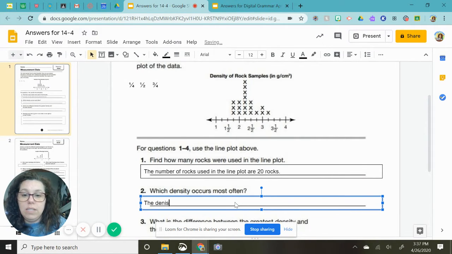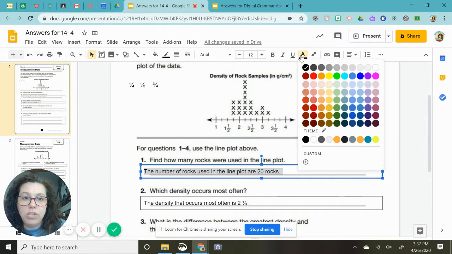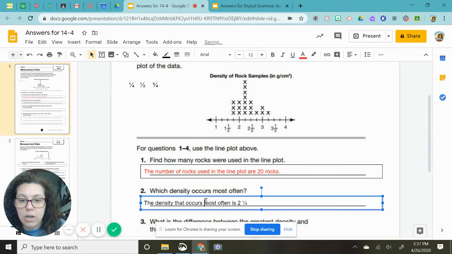The density that occurs most often is 2, then I put a space, 1/4, then I hit the space again, and it will make it into the fraction. Let me change my answers to red so they stick out a bit better.